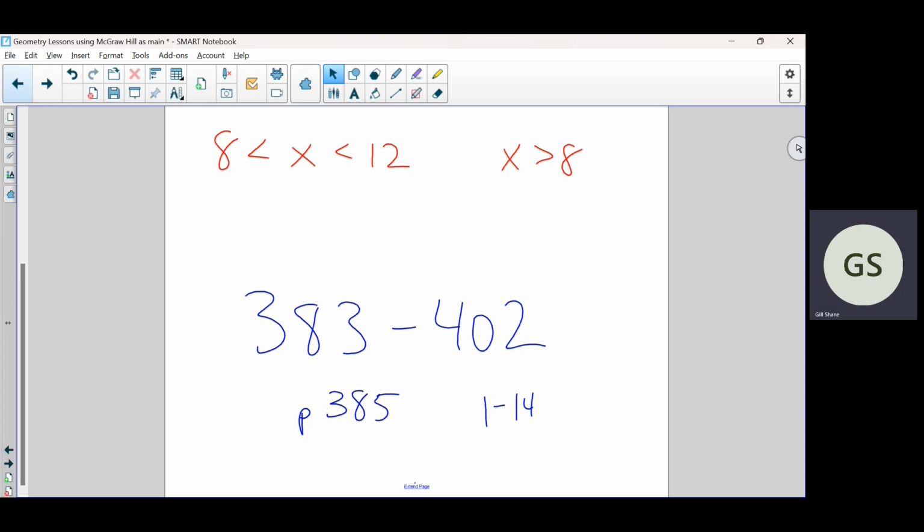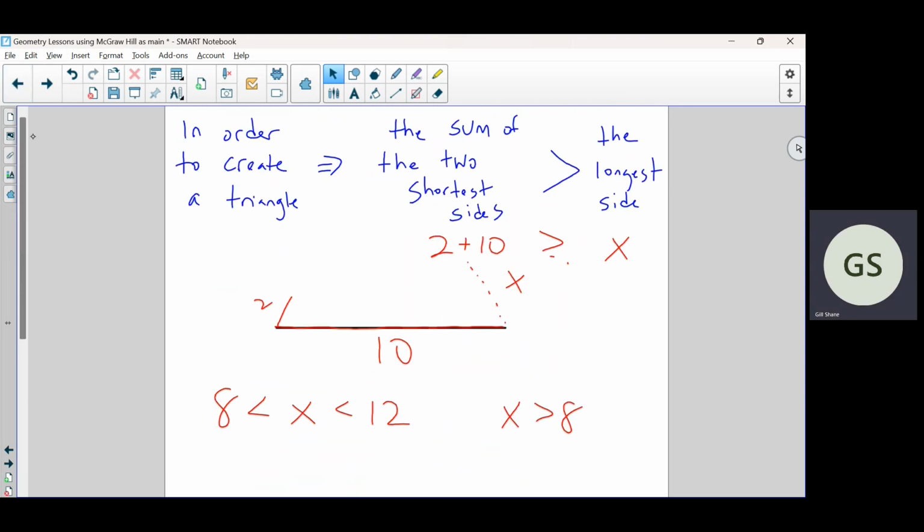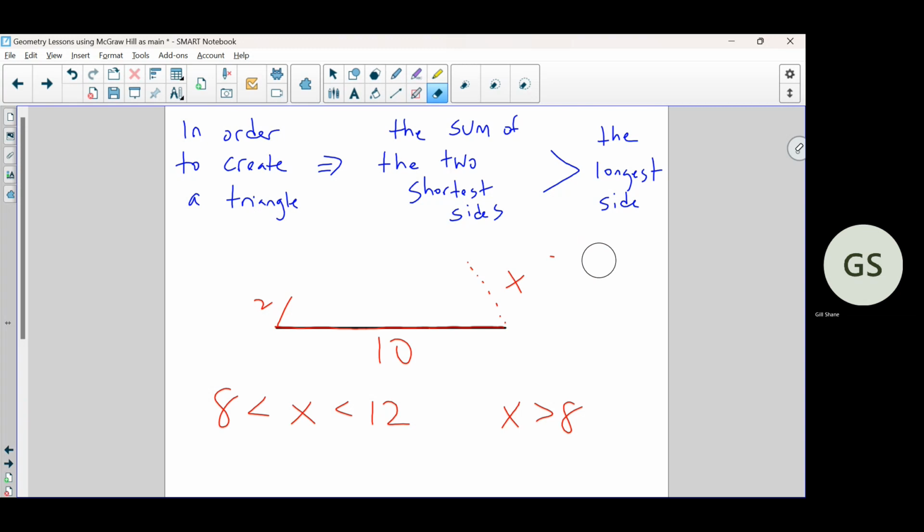After that, I'll stop and give you 5 to 10 minutes to review your notes. Oh, yeah. If you didn't write this down, here's the rule you're using for every single problem. Sometimes it'll be all numbers, sometimes there'll be a variable you'll have to put in the right spots, but it's always that same rule. To create a triangle, the sum of the 2 shortest sides has to be greater than the longest.